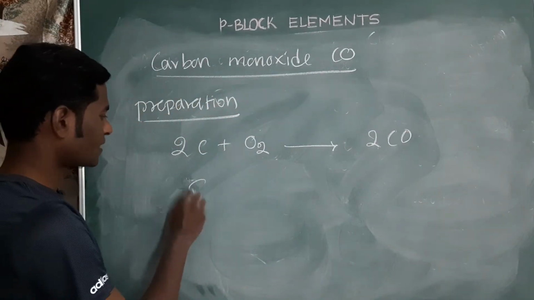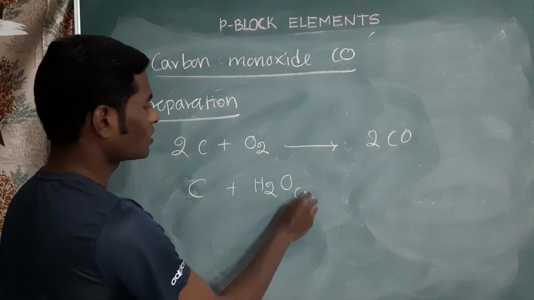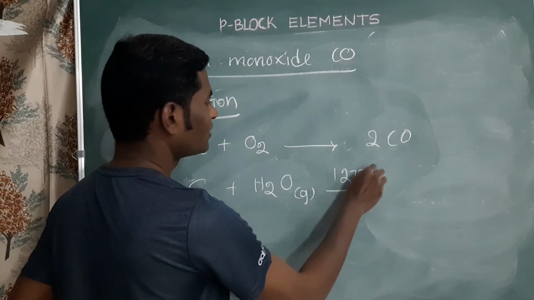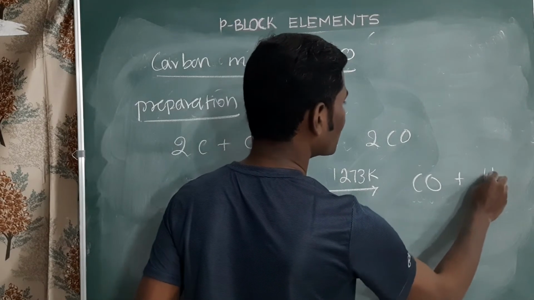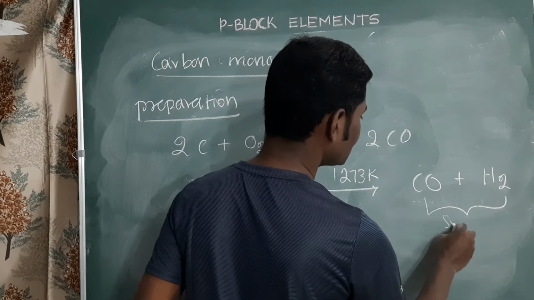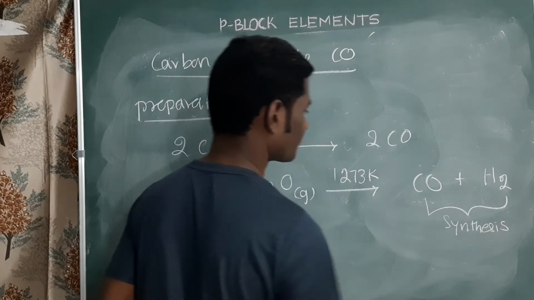When coke is treated with steam, water in the gaseous state, at 1273 Kelvin, you will get a mixture of carbon monoxide and hydrogen. They are collectively called synthesis gas or syn gas.